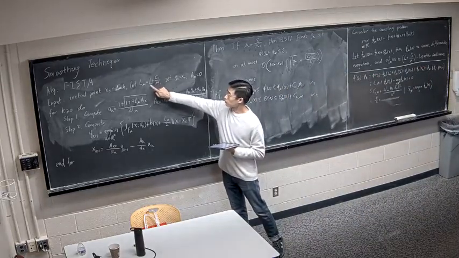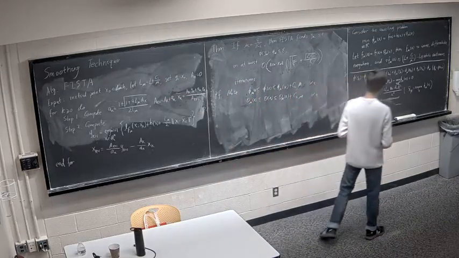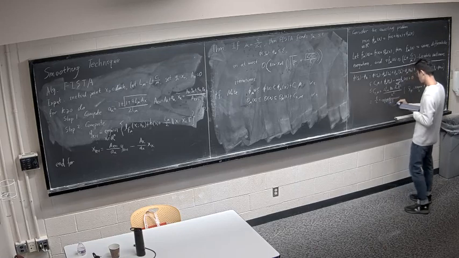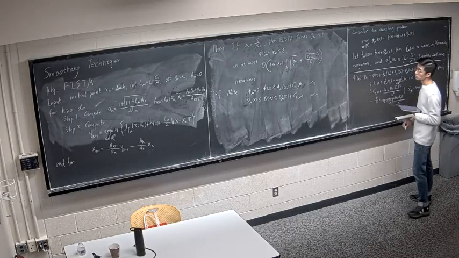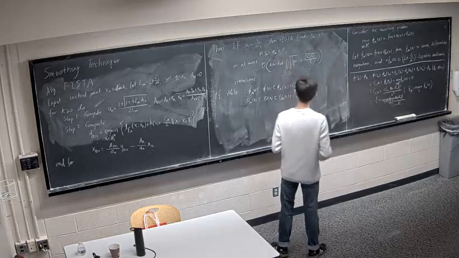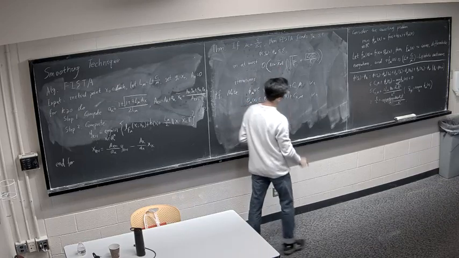L is the smoothness for F, C1 over mu is the smoothness for the smooth approximation, the function zeta mu. This point should be x star. Should be the minimizer for the phi mu function.